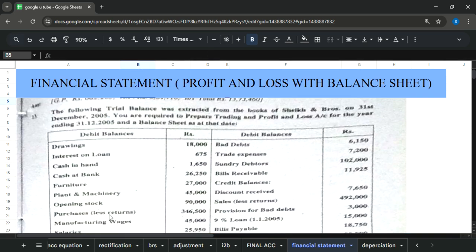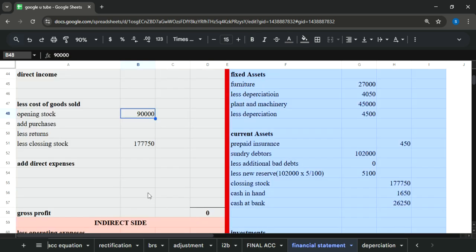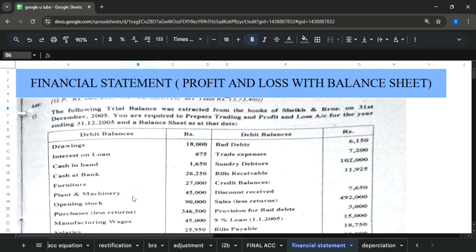Now purchases, with returns already subtracted, 346,500. So 346,500 is the amount of purchases, and then we have manufacturing wages, a direct expense.